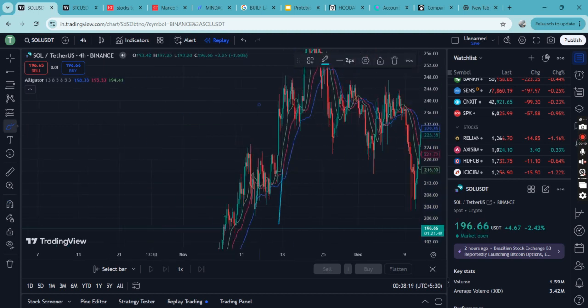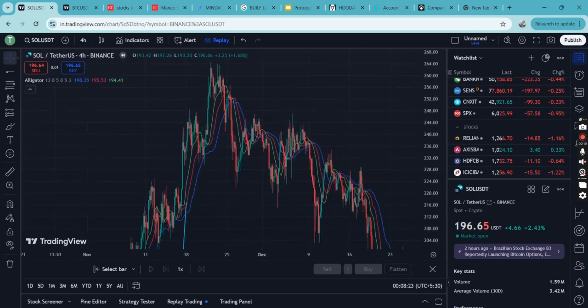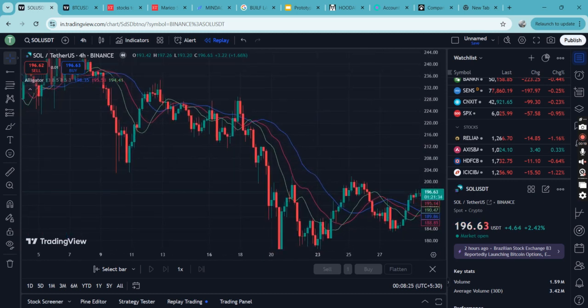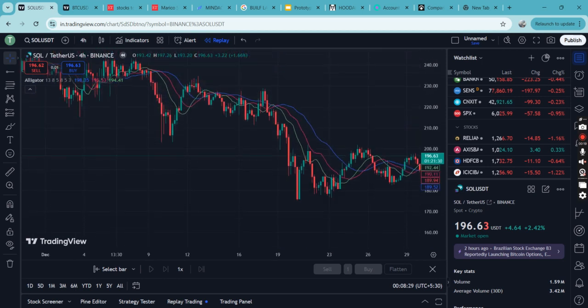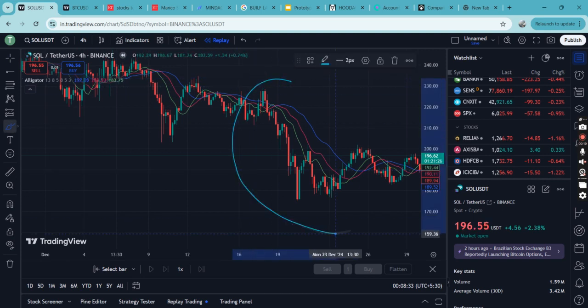It was an uptrend, so I want to give an example of a downtrend. You can see here now that it is a downtrend. There is a clean representation of green, red and blue, and the trend is real, right?